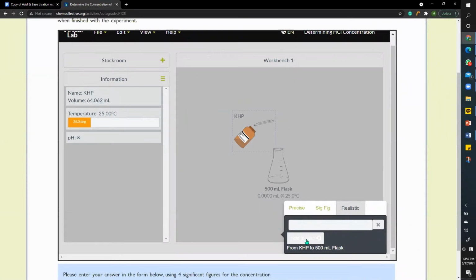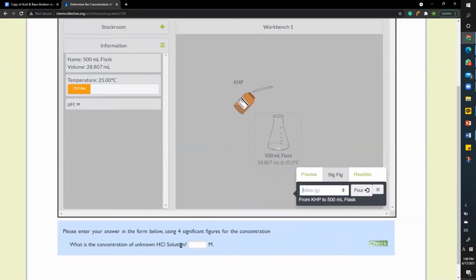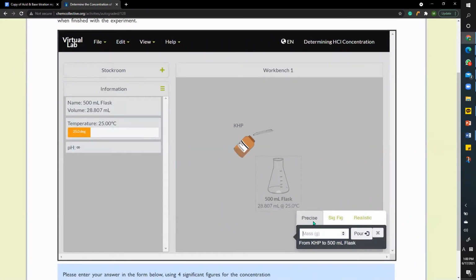So I should hold to pour like this, and you can see that this is very inaccurate. So I'm not going to use this. The other one we can also use, but it might be more appropriate for IA reports. But in this experiment, to get accurate numbers for the molarity, I'm just using the precise one without the uncertainty.